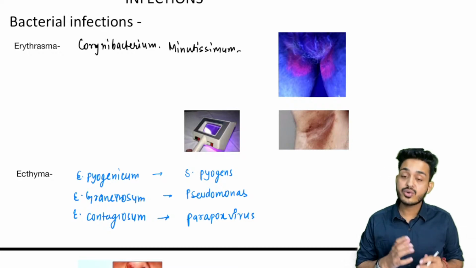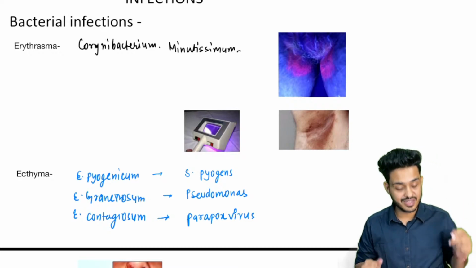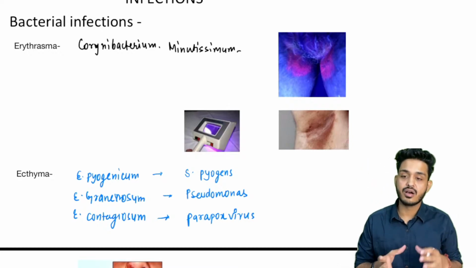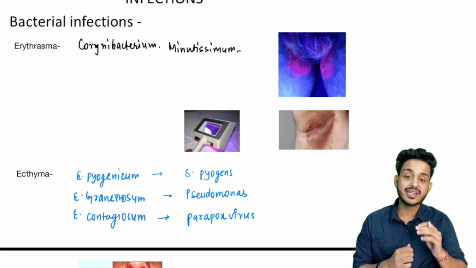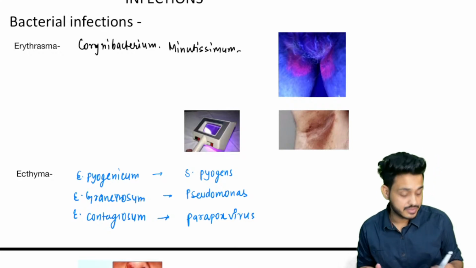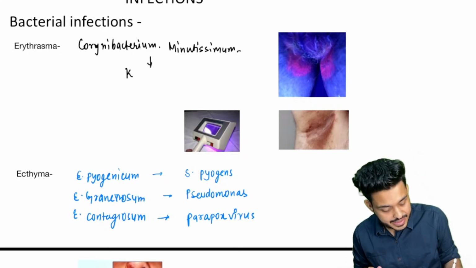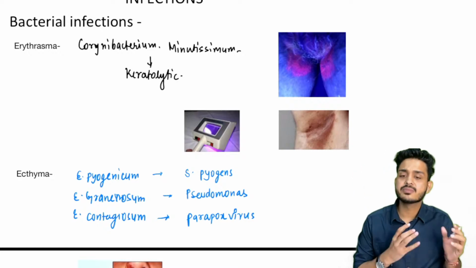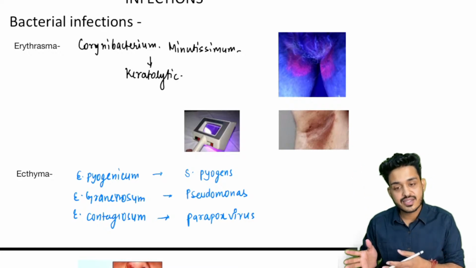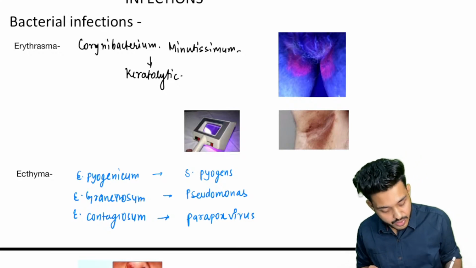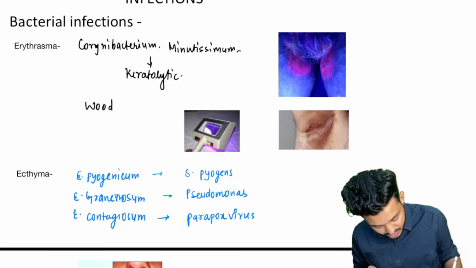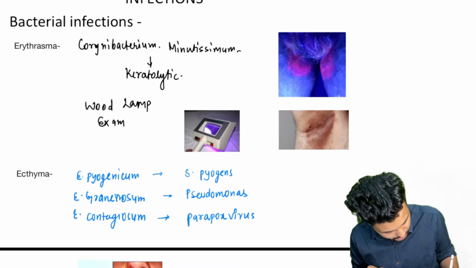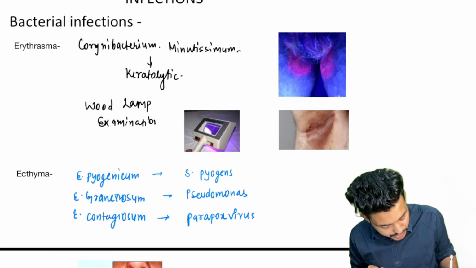When you look under the Wood lamp examination, what happens is that this Corynebacterium minutissimum releases keratolytic enzymes. And what do keratolytic enzymes mean? They digest the keratin, right? When you do the Wood lamp examination, what will you find, guys?